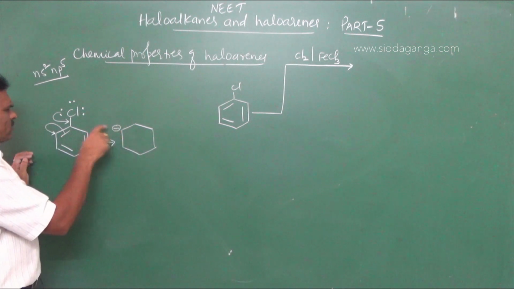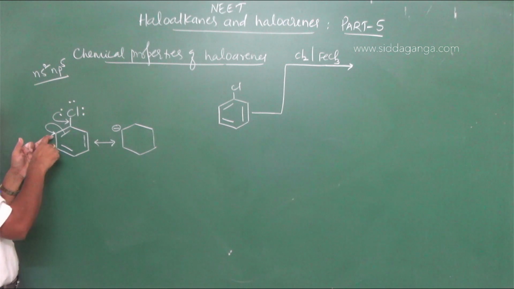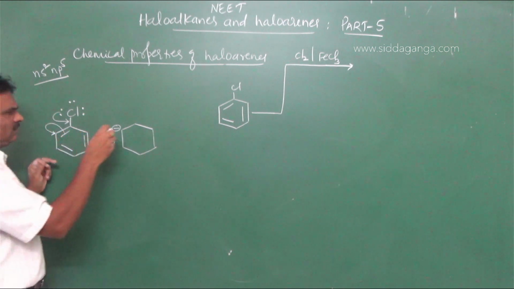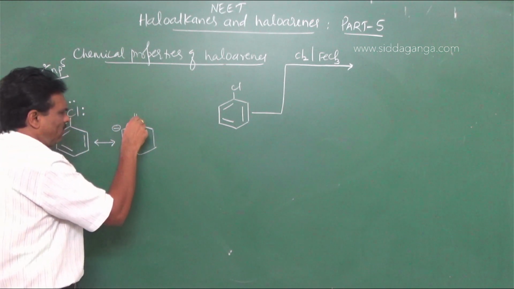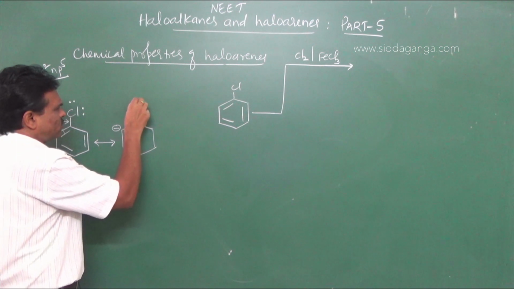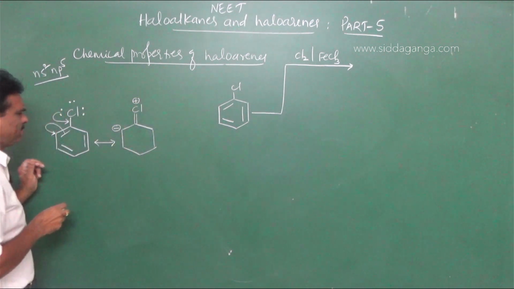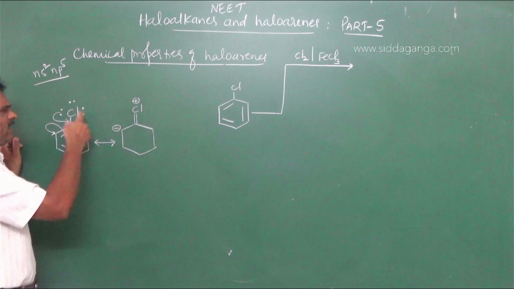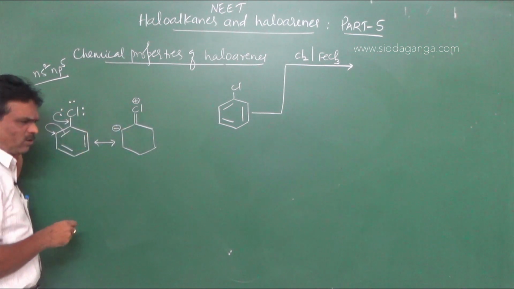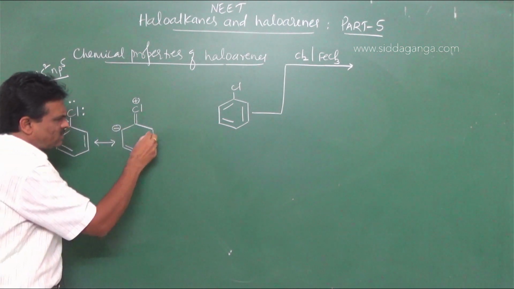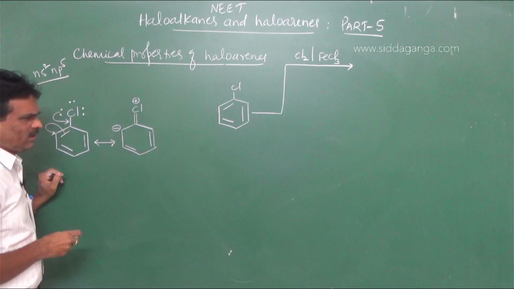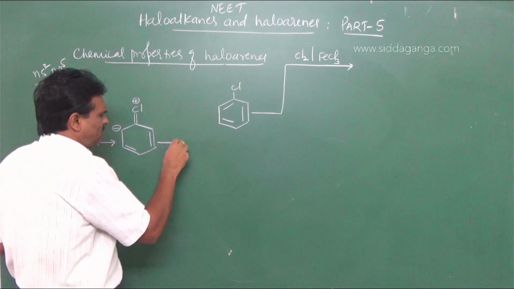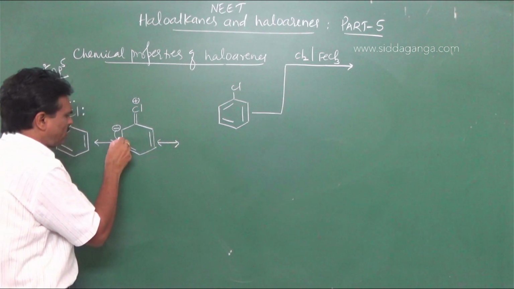So the ortho position with respect to chlorine acquires a negative charge. So here the carbon-chlorine bond has partial double bond character. The lone pair of electrons is involved in resonance, so the other bonds stay as they are. Then again the bonding electrons come over here.